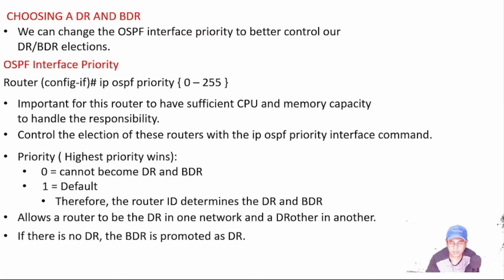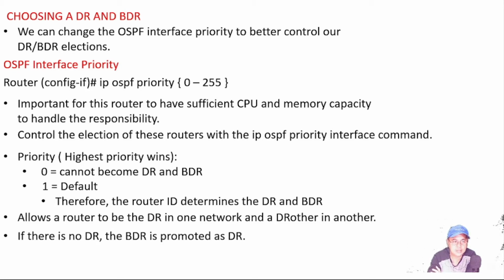Now, as a network administrator, if you want to control the election of the DR and BDR, it is very important for you to consider that the router has sufficient CPU and memory capacity to handle the responsibility.